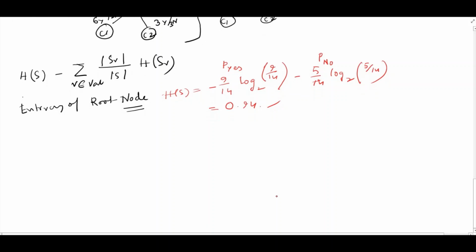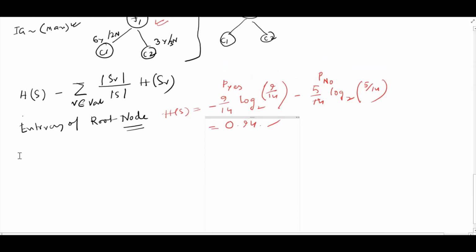I think I'll just keep this so that you can understand. Next, we are calculating the entropy of C1, which is minus 6 by 8 log 2 of 6 by 8, minus 2 by 8 log 2 of 2 by 8.